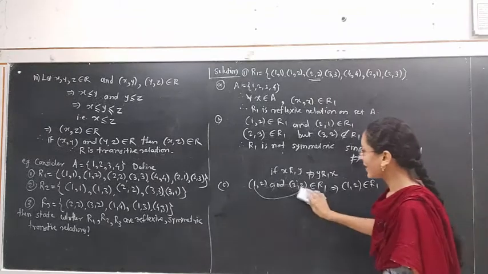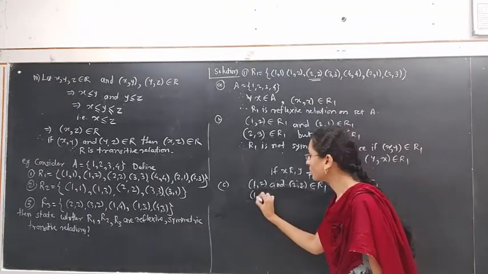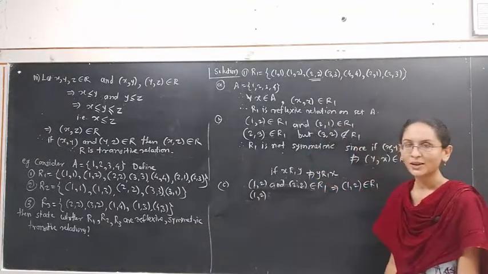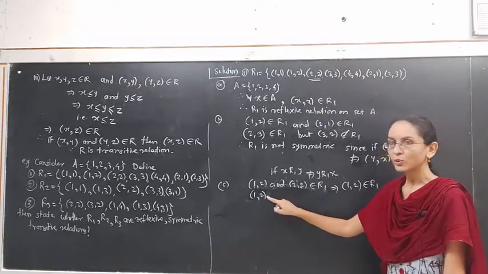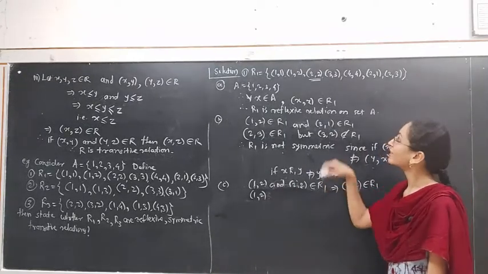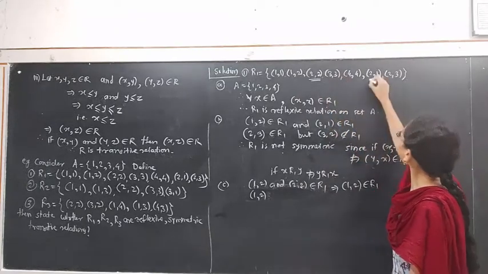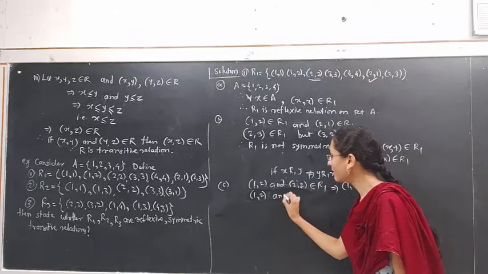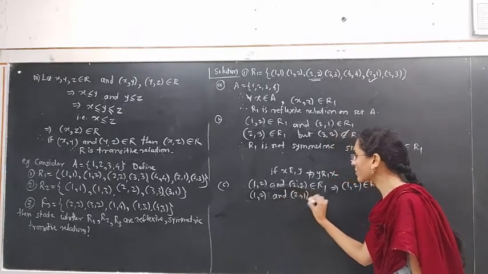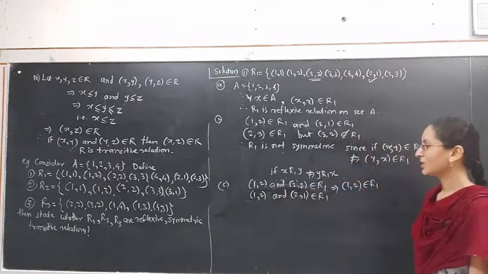Now consider the other pairs. (1, 2) belongs to relation R1. See the next pair in which 2 is related to some other element. This pair contains (2, 2), (1, 2) and (2, 1) belong to relation R1.